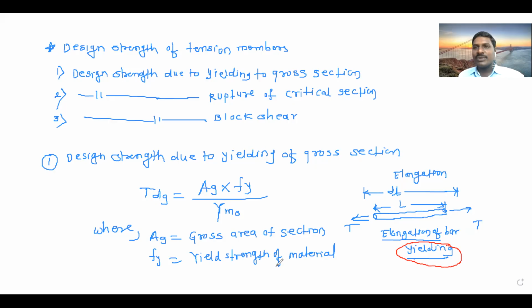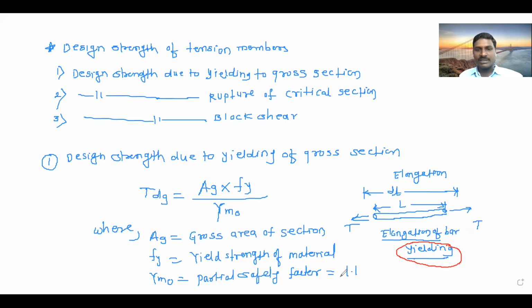So which grade of steel we are using? Fe410, Fe440. We have seen that grade of steel. So for that, how much Fy value is there? That we have to see. And here, gamma m0 is a partial safety factor, and value of this gamma m0 is 1.1.